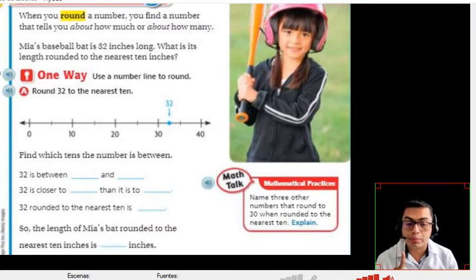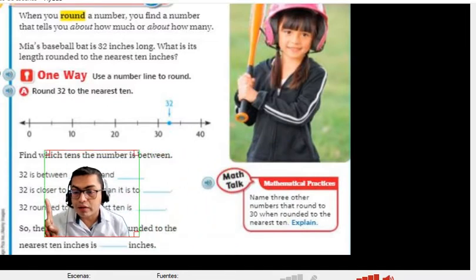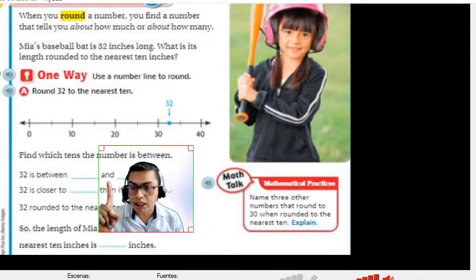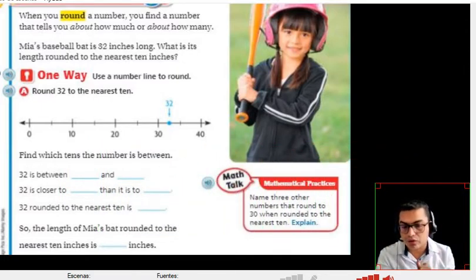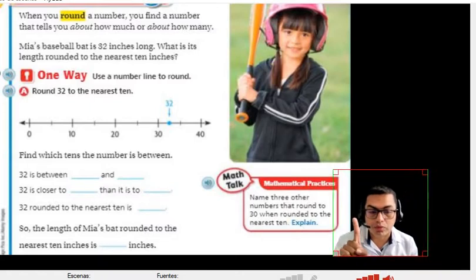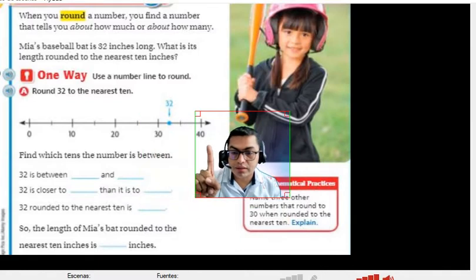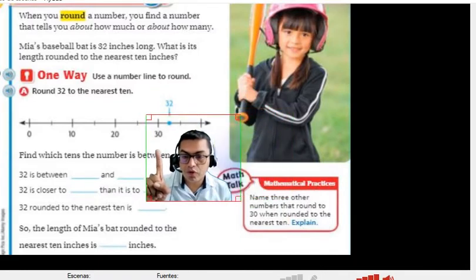La primera pregunta es, find 32 is between, and between quiere decir en medio. So 32 is between, entonces les vamos a decir, miren, 32 aquí está en medio de 40 and 30.